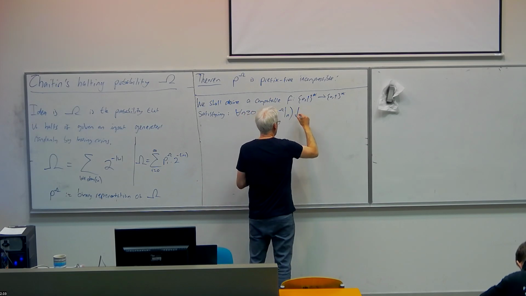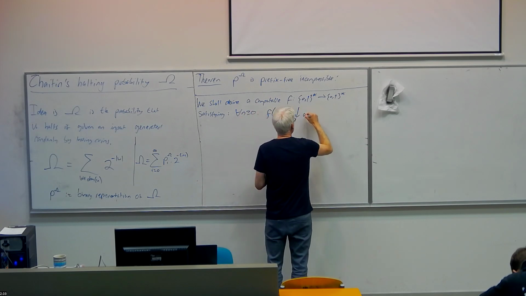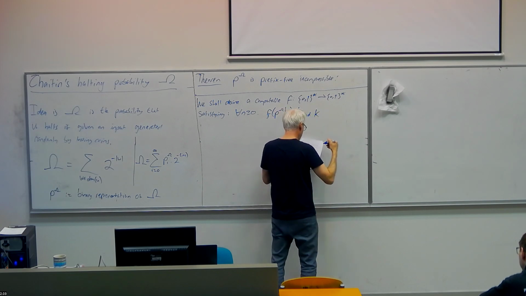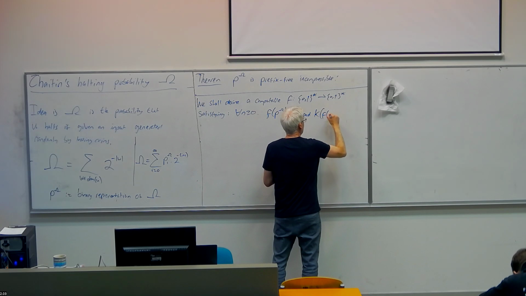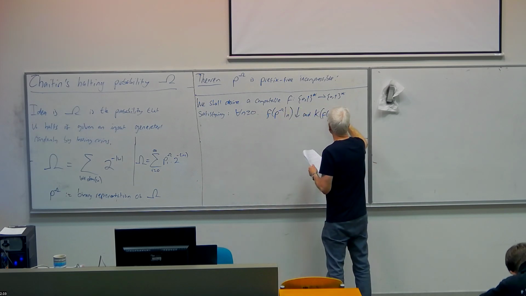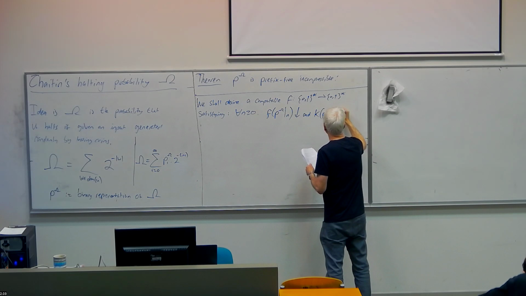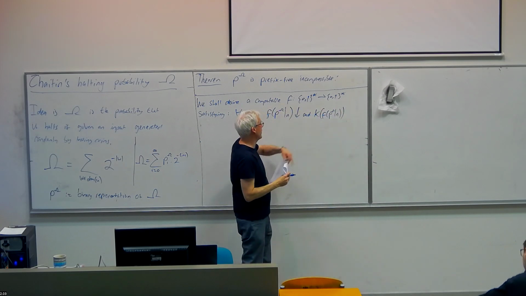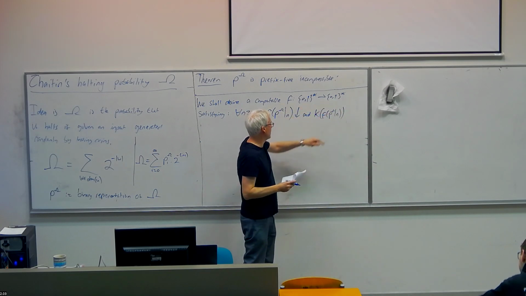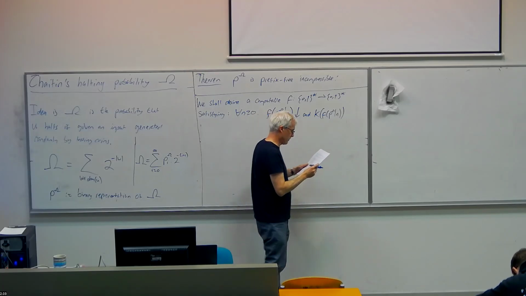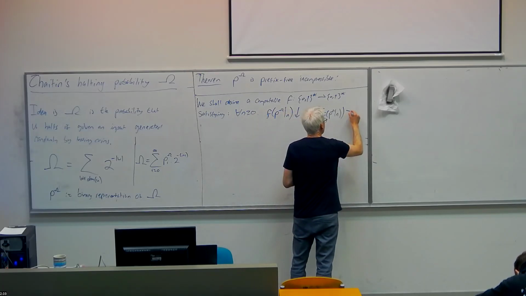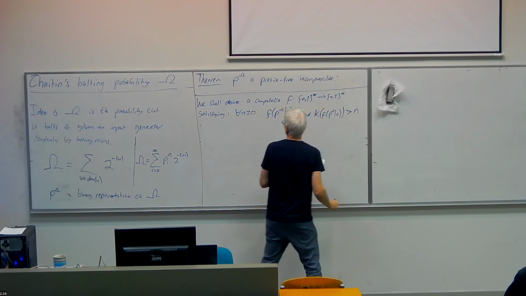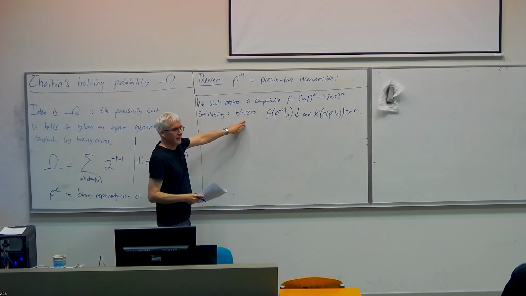That's defined, so f applied to that prefix gives us back some word, and the prefix-free Kolmogorov complexity of that is strictly greater than the number n.